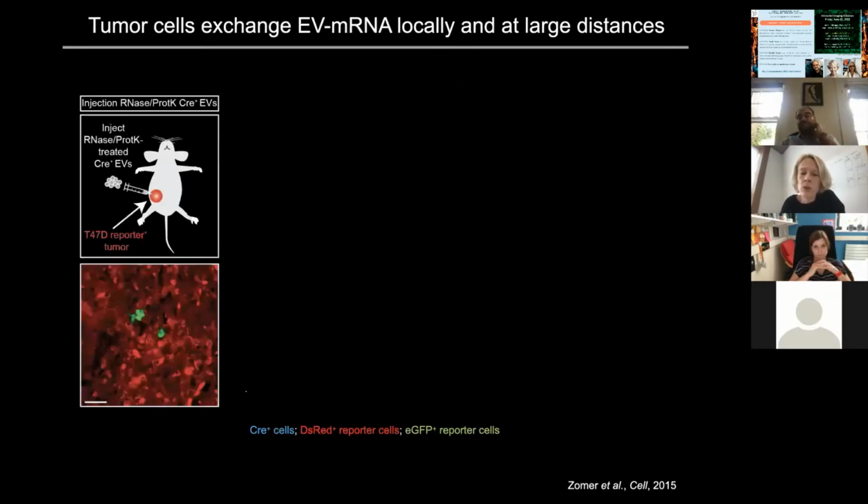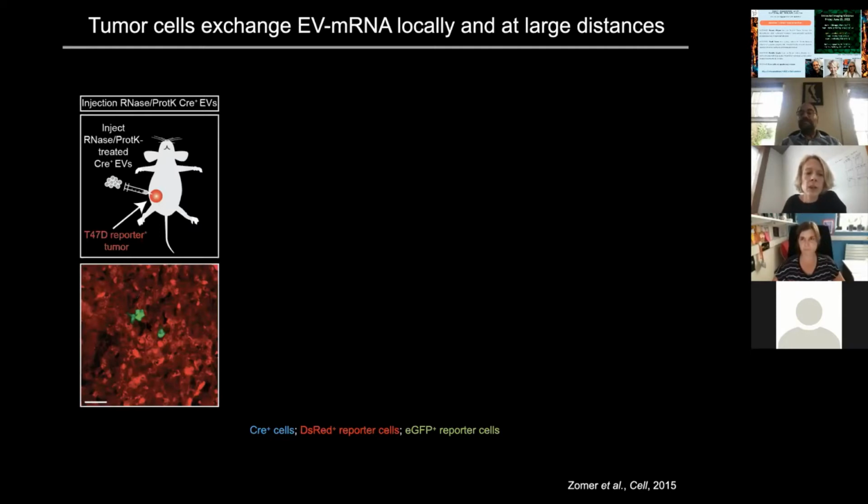So we wanted to study whether indeed vesicles are also taken up in an in vivo setting. To study that, we injected these less malignant reporter tumors. When the tumors were full blown, we injected extracellular vesicles that were isolated from CRE positive cells, and in addition treated with RNase and proteinase K to degrade potential RNA and proteins that were still on the outside of the vesicles.